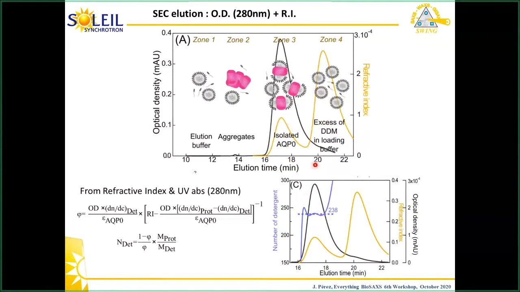In addition, if you compare the signal from the refractometry at the peak of the proteins and the signal from the UV absorption, and if you know the dN/dC of the protein, which is the equivalent for refractometry as the contrast is for SAXS, so this is usually tabulated, and if you know the dN/dC of the detergent, which is also tabulated, and the epsilon of the protein, then you can already calculate the number of detergent molecules around your protein.